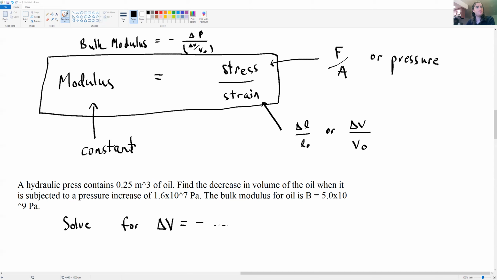Does anybody else have the answers yet? Only a few people have given answers. We'll give it a couple more minutes, I guess. You just want to solve that equation for delta V, the bulk modulus equation.